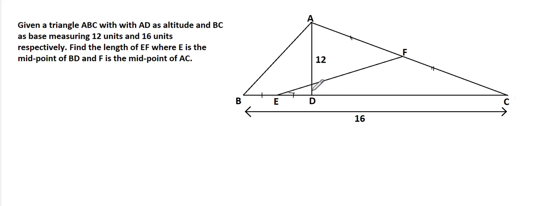And at D, we have a right angle because AD is an altitude of triangle ABC. Now, we need to make a small construction here. One more thing, we said that BE is equal to ED. So if our BE is X, then ED will also be X.